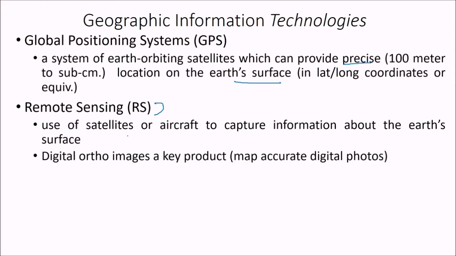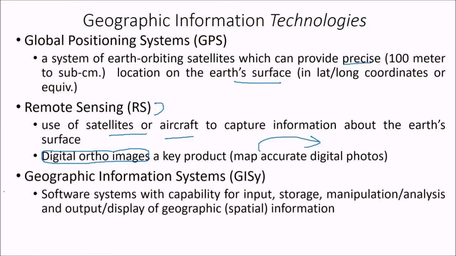It uses the satellite or aircraft to capture the information about the Earth's surface. And we have the images, digital Earth images as the product, which are map accurate digital photos.